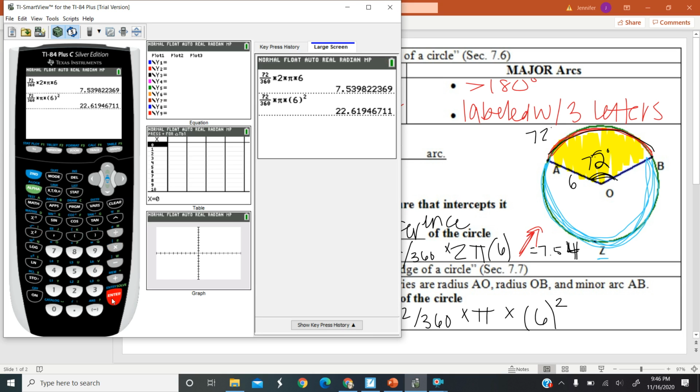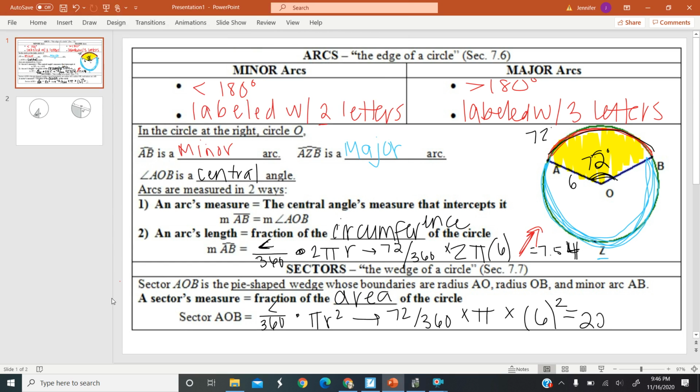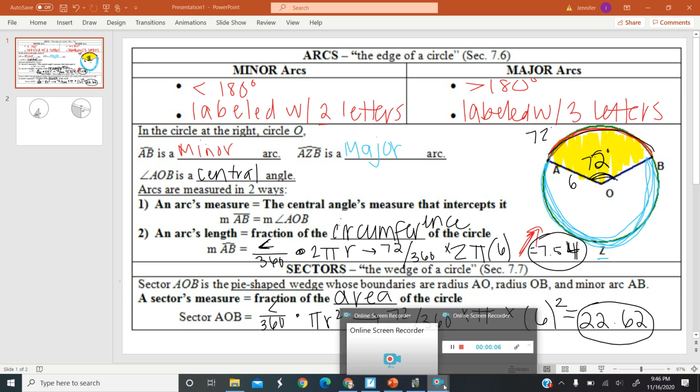And you end up getting 22.62 on that one. So that would be representing a sector area, and then our 7.54 up here was our arc length. And then I'm just going to show a couple more examples of this, and that'll be it for sector area and arc length.